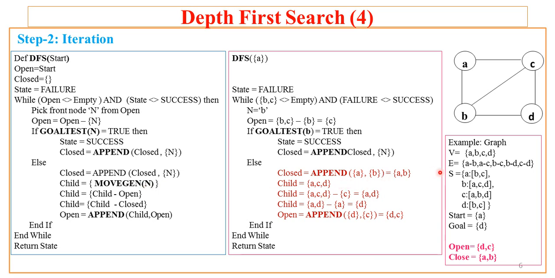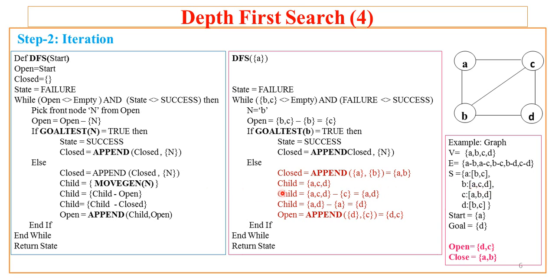Now the moveGen function will try to search this successor list. It tries to match B with the first element. B is not matching the first node A, so it goes to the next element B. Yes, B is matching. So moveGen of B is nothing but the successors of B. What are the immediate successors of B? They are A, C and D.